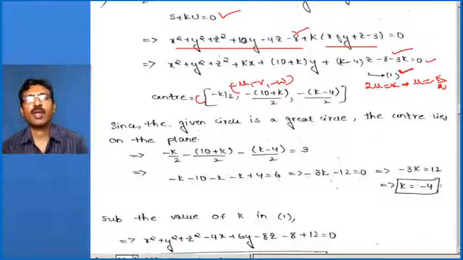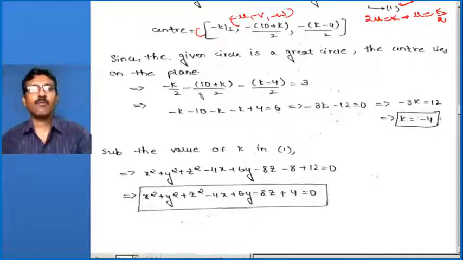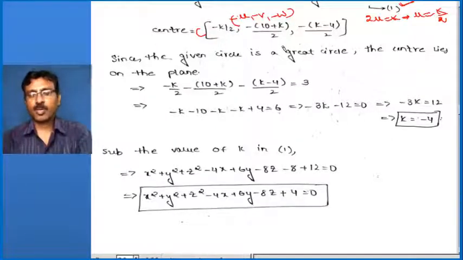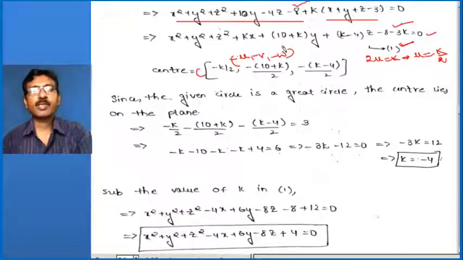For a great circle, the center of the sphere should lie on the given plane. What is the plane? x plus y plus z equal to 3.